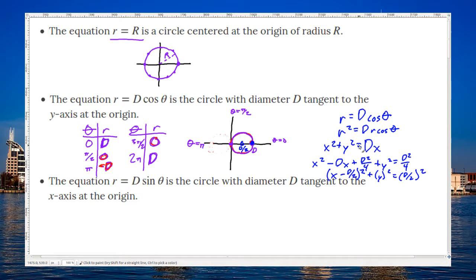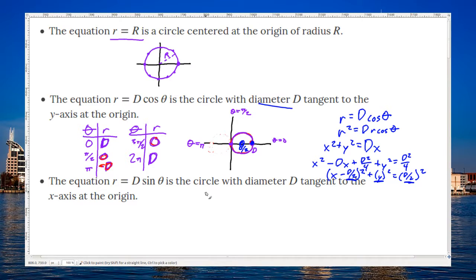And so with a little bit of algebra, you can see that you get the center of the circle at d over 2, comma 0, this point right here, and the radius is half of d. So of course the diameter would be twice half of d, which is just d itself. So that's why it actually is a perfect circle.